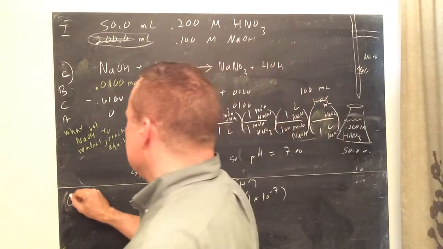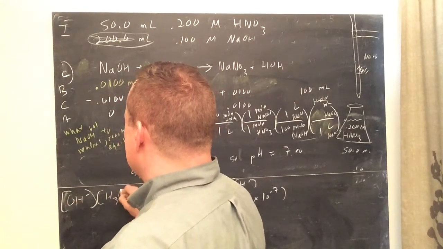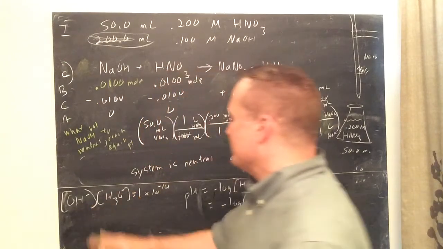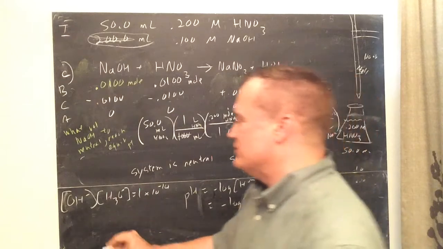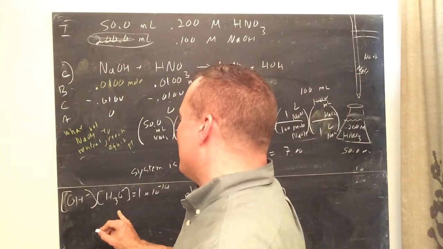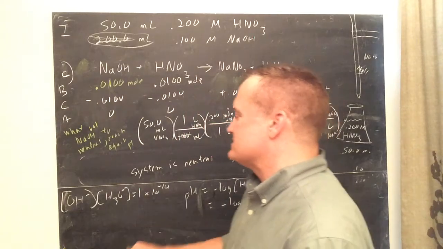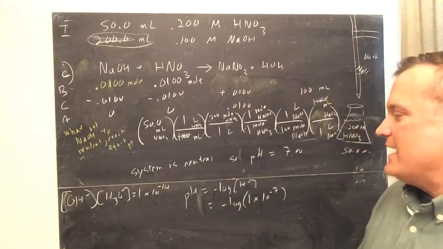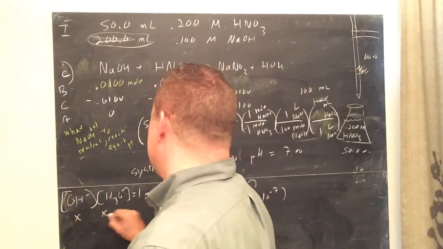You can remember OH negative times H3O plus equals 1 times 10 to the negative 14. If they're both equal to each other, at 25 Celsius, that's always true. So you could say X times X equals that, so X squared, and X equals 1 times 10 to the negative 7. You don't have to actually write that down, but that's why it works out.